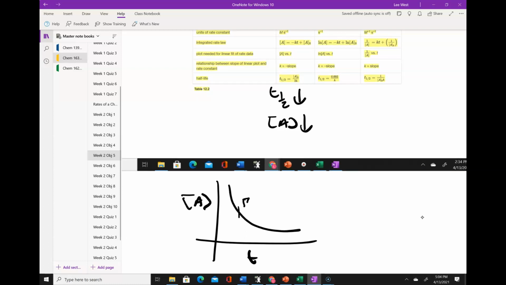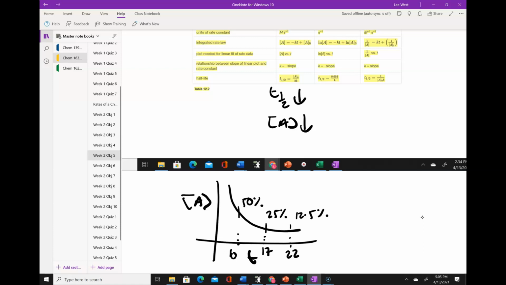So to get to, say, 50% might take 10 seconds. But because the half-life gets shorter, to get to 25% might only take, say, another 7 seconds. And then to get to 12.5% might take only another 5 seconds, right?